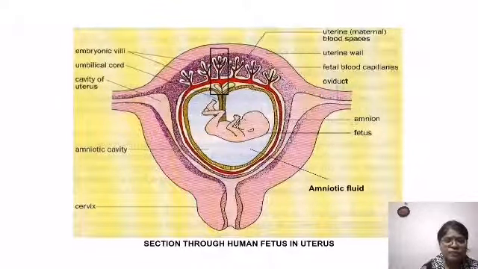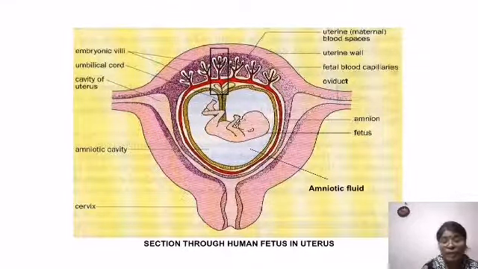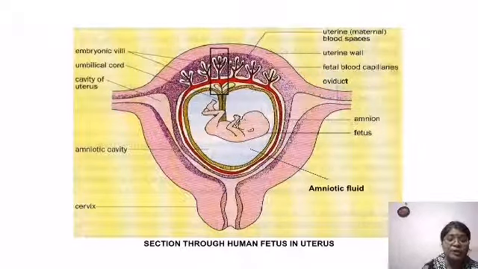Also, you know that rupture of the amnion is a sign of labor pain, that the baby is going to be born, labor is beginning, or parturition is going to take place.